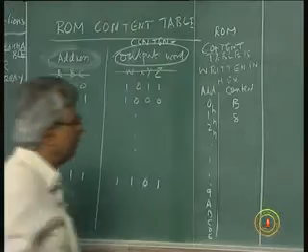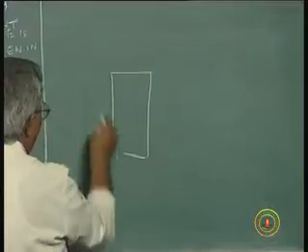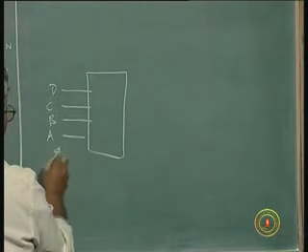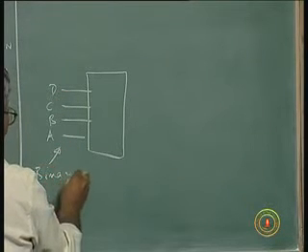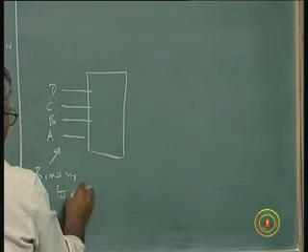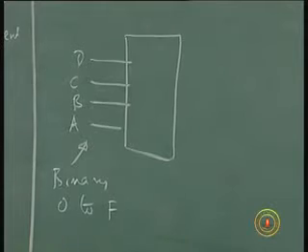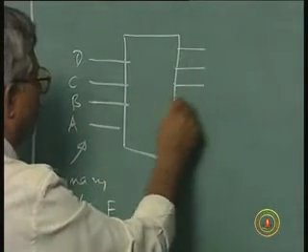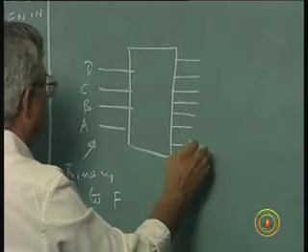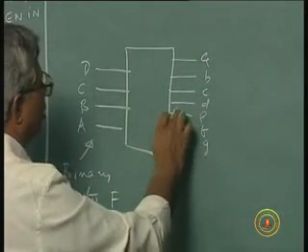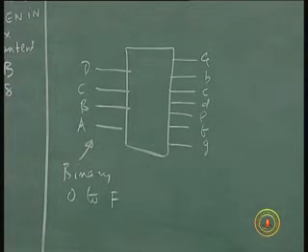Understand? The problem is I have a 4-bit input in binary. Go from 0 to F values, and the output will be 7 segments. So I will call this A, B, C, D, E, F, G. You draw a table 0, 1, 2, 3 up to F it should show.